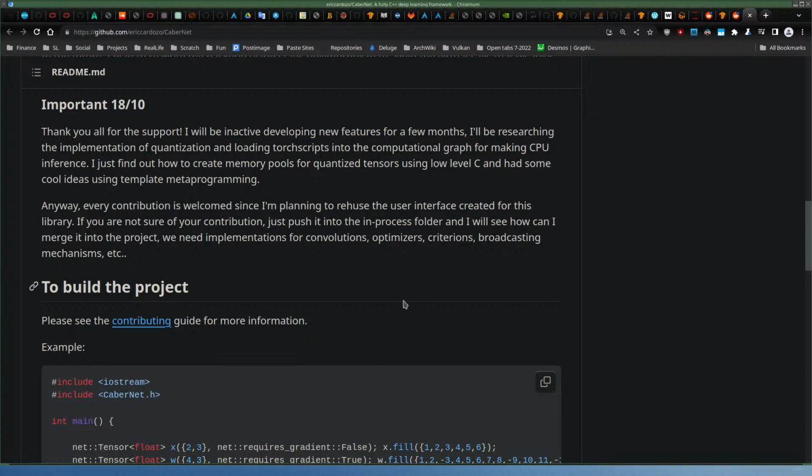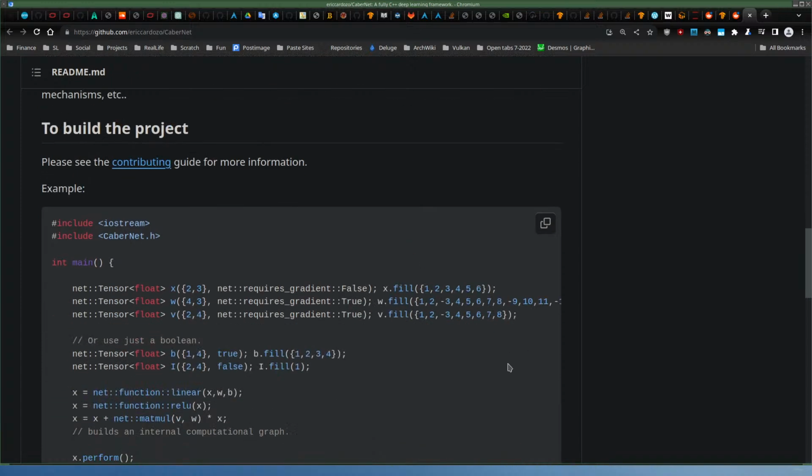Hopefully you'll find some C++ interested guys there, at the very least.